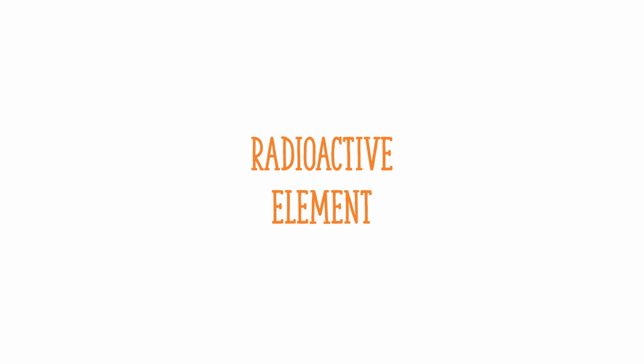We have also talked about the meaning of radioactive element, and I've also given you a few examples of radioactive elements such as radium-222, carbon-14, and also cobalt-60. Lastly, we have also discussed the half-life of a radioactive sample, where I have explained it to you using 2 different examples of radioactive samples.